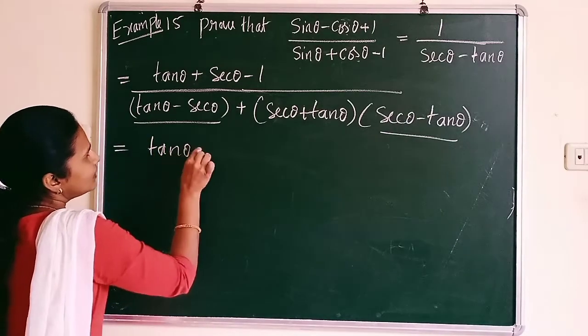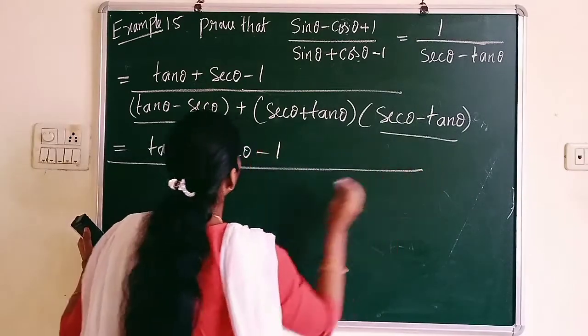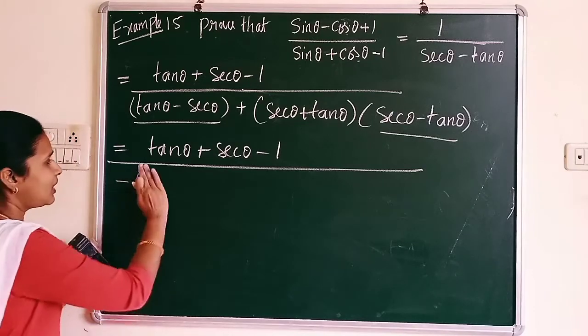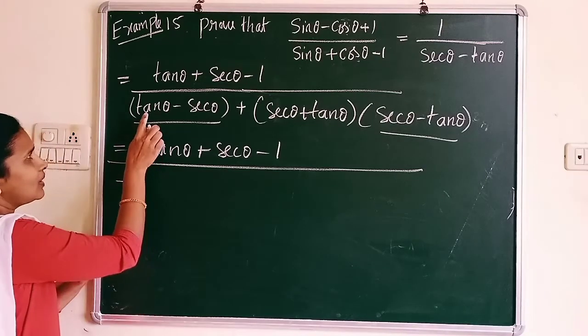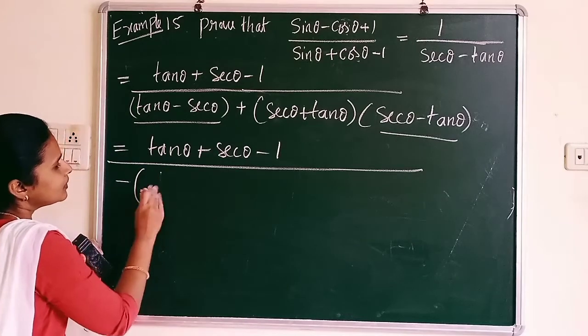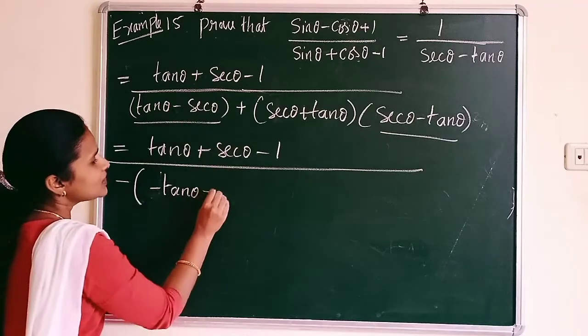So for that I have to take minus common so that it will be the same. Numerator as it is, tan theta plus secant theta minus 1 whole divided by, here I am taking minus common. Why am I taking minus common? If I take minus common, this plus tan becomes minus tan and this minus sec becomes plus sec.